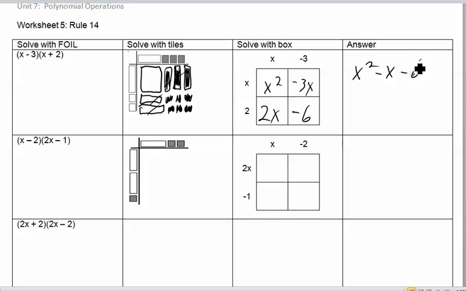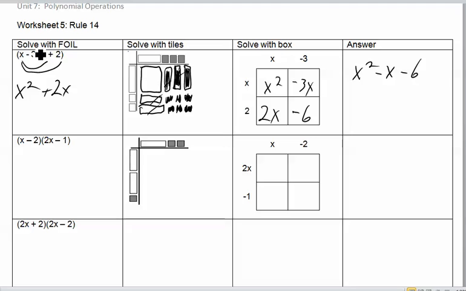Alright, so to do this with FOIL, remember, FOIL stands for first, outer, inner, last. So we're going to do the firsts, which is the x times x, so we have x squared. Then we're going to do the outers. So x times 2 is 2x.